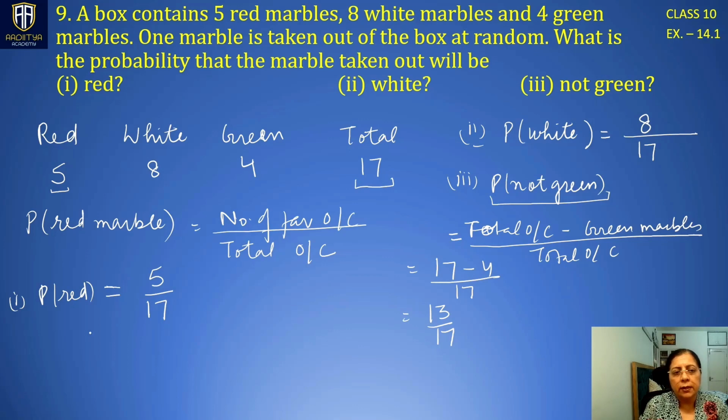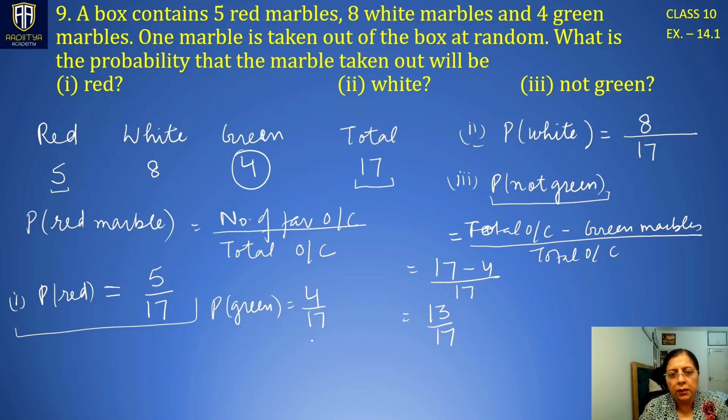Or we can also calculate it this way. See, we have already found the values of probability of red marble and white marble. Probability of green marble is, how many green marbles do we have? We have 4 green marbles. So probability of green marble becomes 4 by 17.